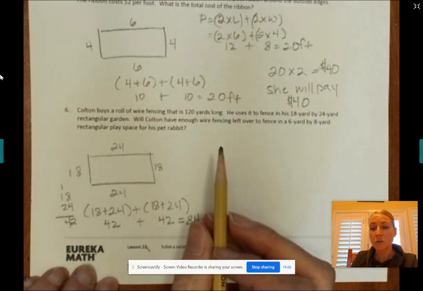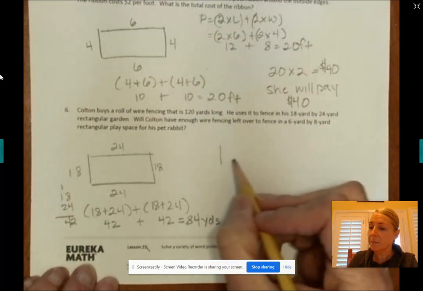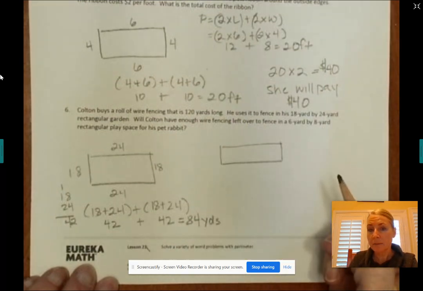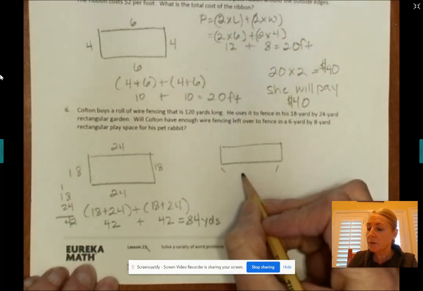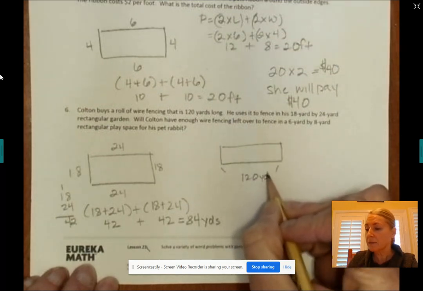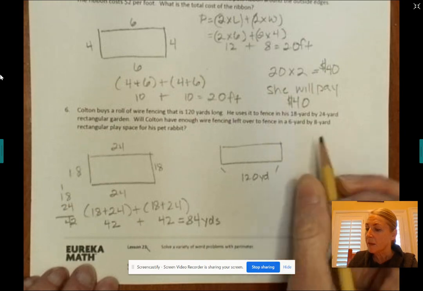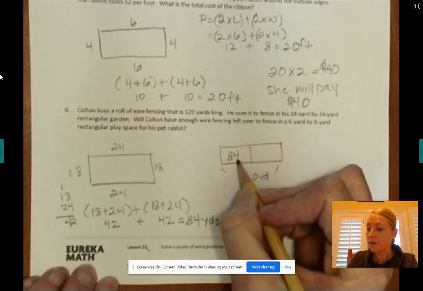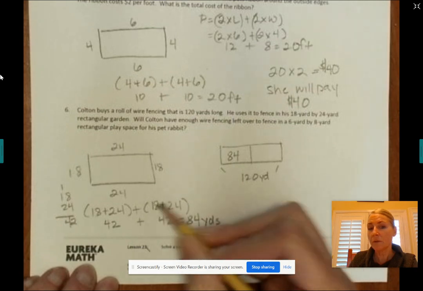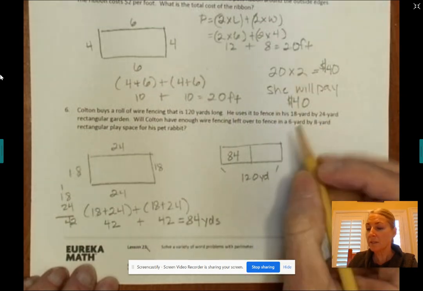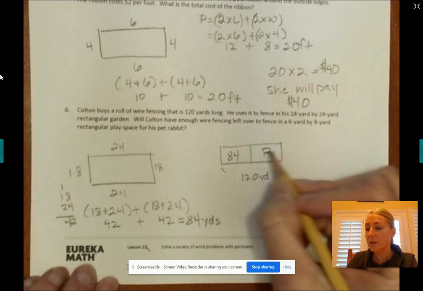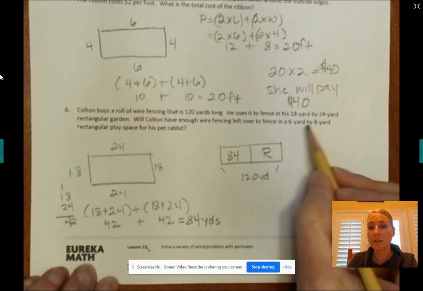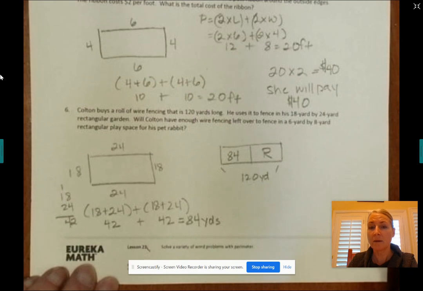And he's got 120. Okay, so if we think about this in terms of a tape diagram, he has a total of 120 yards of fencing. Okay, then he has 84 going to the garden. So the question is, does he have enough for his pet rabbit? Okay, which is he wants to make a 6 by 8 yard.